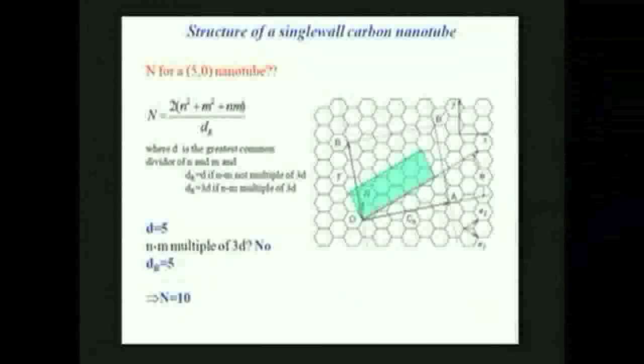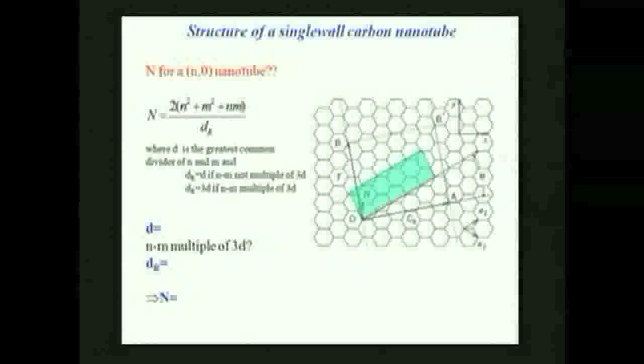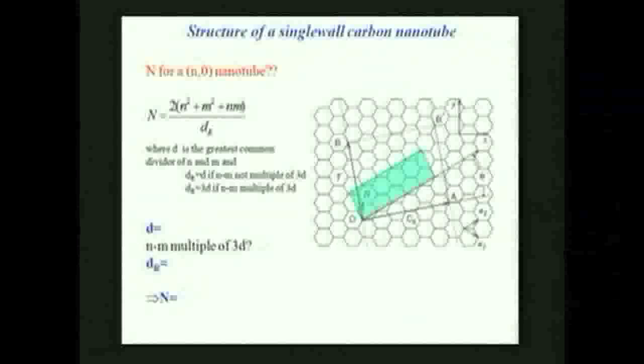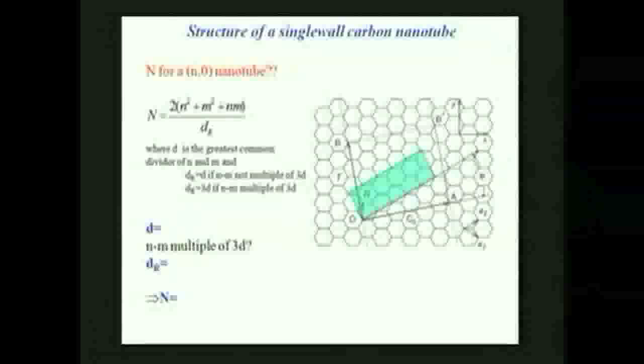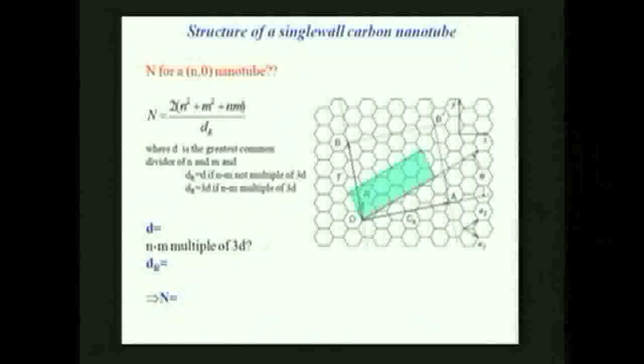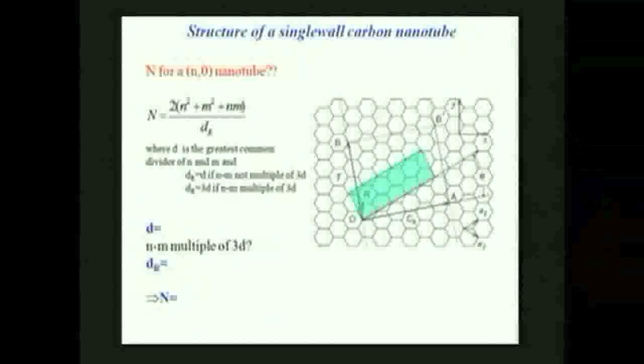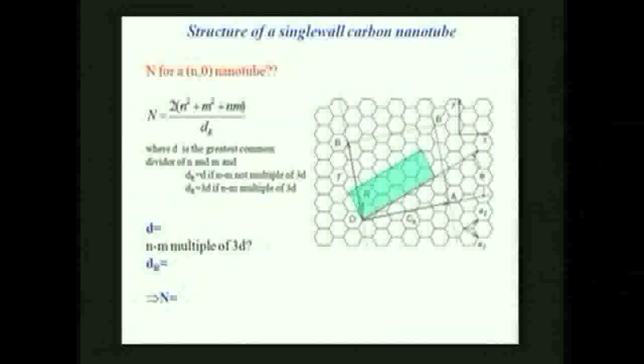What about any zigzag nanotube? For any zigzag nanotube, you will have m equal to 0. n takes any value, and m is equal to 0. So we will first calculate d, the greatest common divisor of n and 0. What's the value of d in this case? What is the greatest common divisor of n and 0? n. Is n a multiple of 3n?